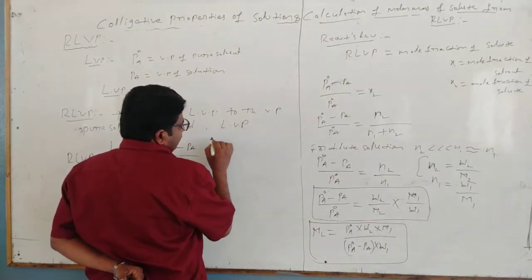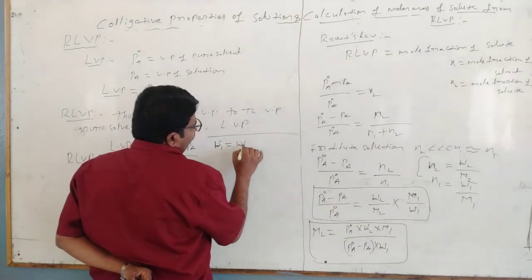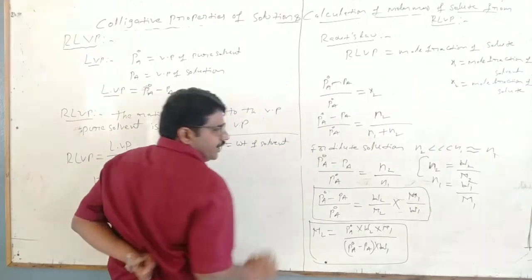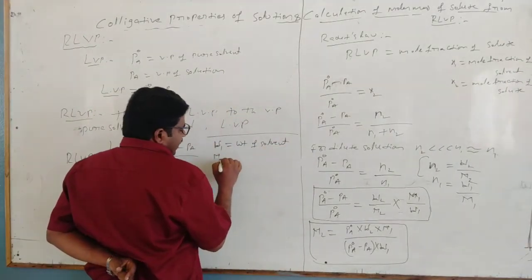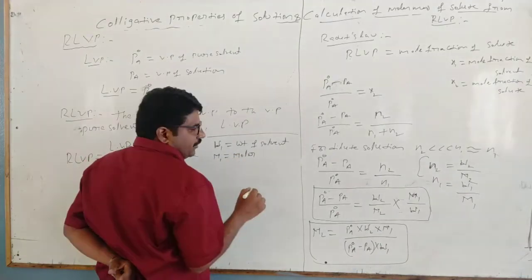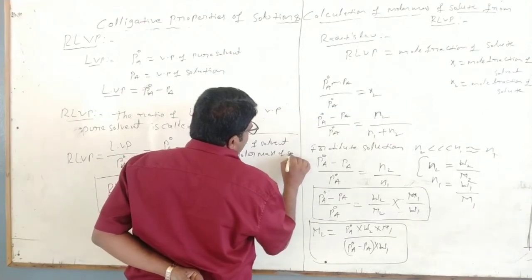Here W1 is the weight of solvent. M1 is the molar mass or molecular weight of solvent.